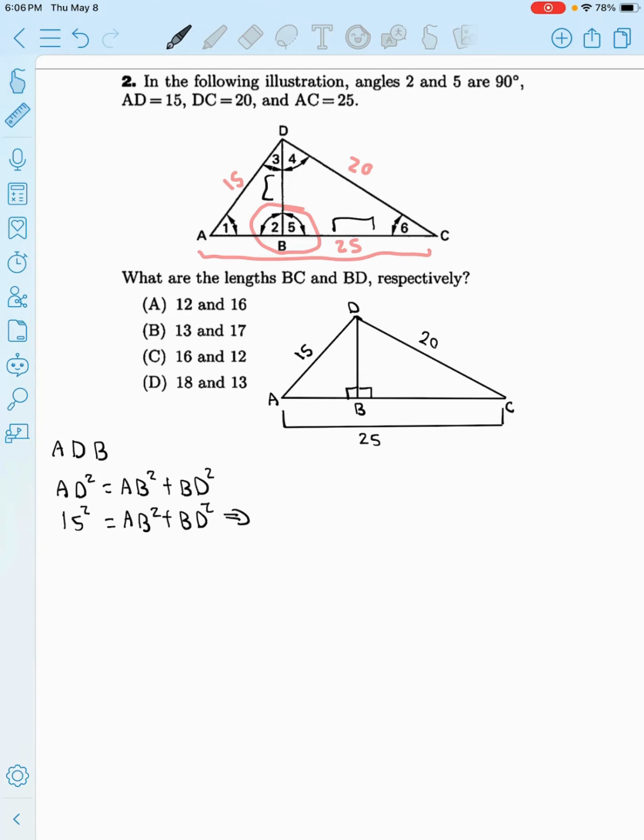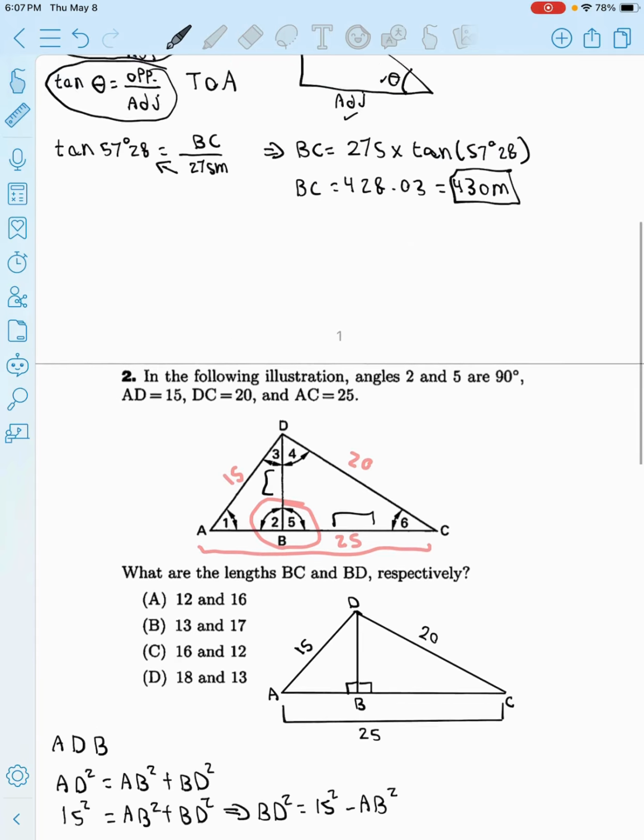I will also try to get the BD itself, because BD is the one that connects the two triangles, so that will be the common factor. So BD squared equals 15 squared minus AB squared.